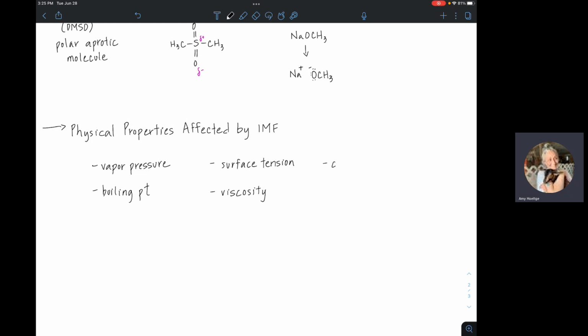Capillary action is another one. So this is sort of like a two-parter, right? Capillary action. You're talking about taking a molecule in the liquid phase and pushing it up the stem of a flower or the trunk of a tree or something like that. And so you have these intermolecular forces of attraction between the molecules that are in the liquid phase.